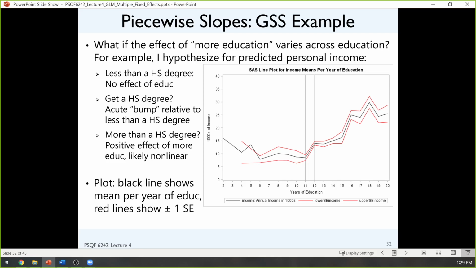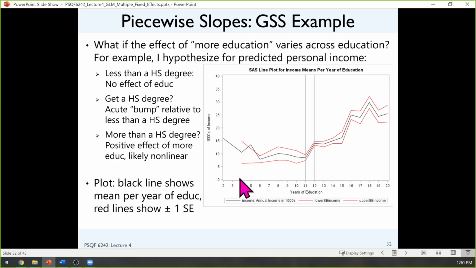So years is somewhat of a poor proxy for this idea, but it's all I've got. But you can see, just by looking at the mean level of income for each distinct year of education in the data set, this kind of stepwise approach. So people who have between 2 years of education up to 11, there's not much difference in their income.